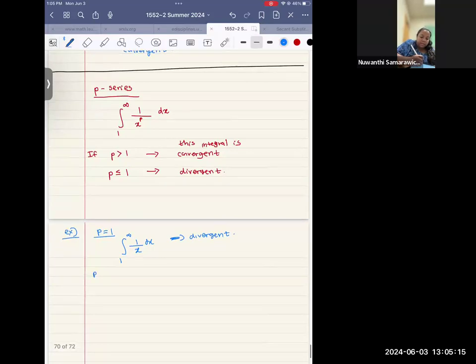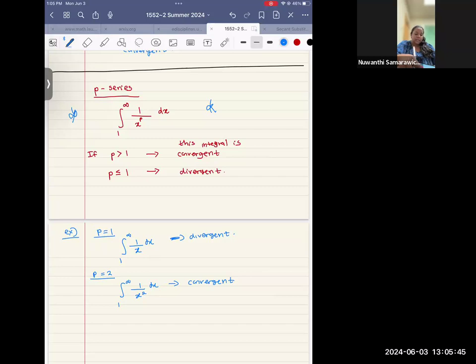And when p is equal to 2, we found the integral is convergent. So whenever p is greater than 1, the whole integral will be convergent. This is the P series you have to remember.